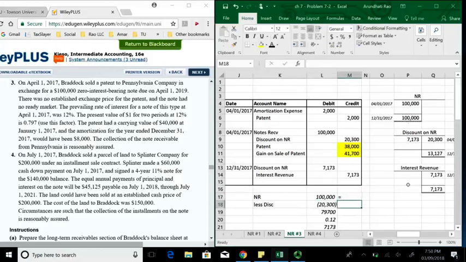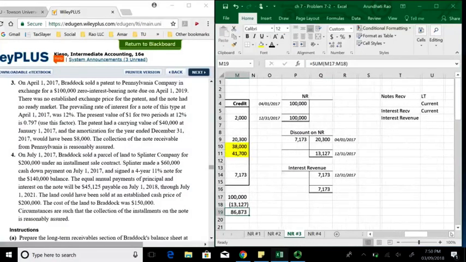At the end of the year, the amount dropped to 13,127. So what happens to the balance in the notes receivable account? Again, I need to calculate the balance, and this is the balance.